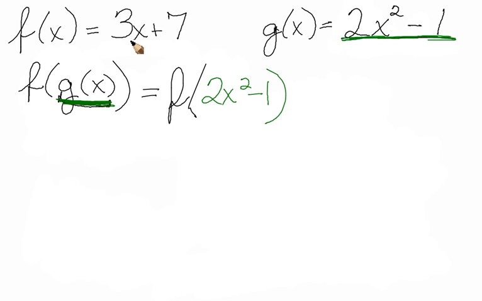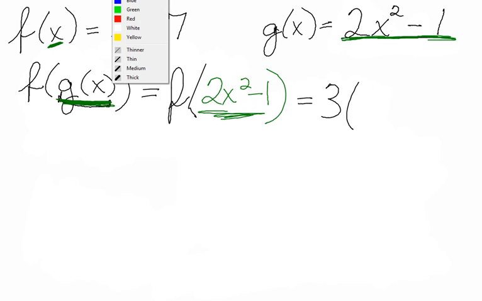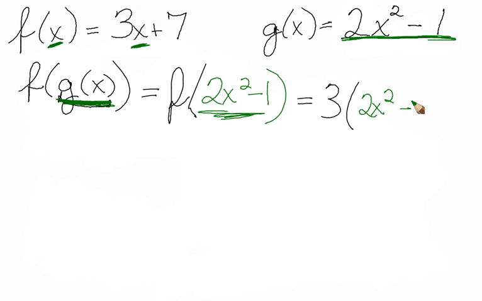That means that everywhere you see an x in the function f of x, we're now replacing that with 2x squared minus 1. Okay, so what does that look like? 3 times, and instead of x, we're going to plug in 2x squared minus 1, and then we'll still have the plus 7.